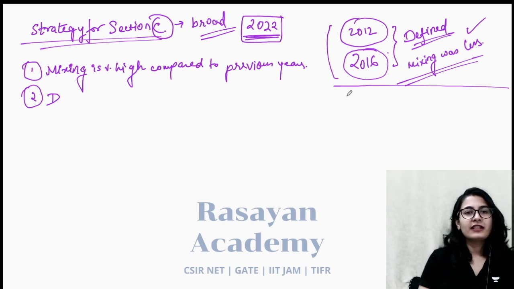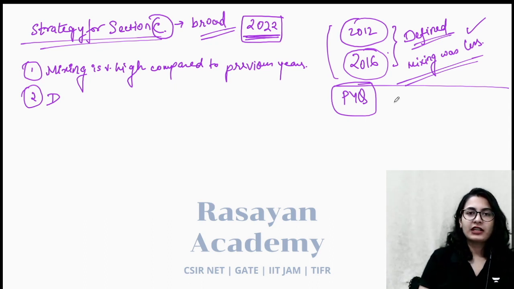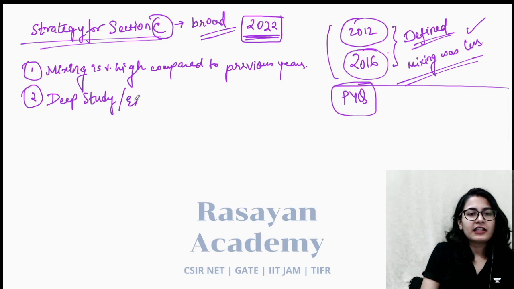Just buy the previous year question bank, nothing else. Don't buy a fat book for CSIR NET preparation, because the whole syllabus will be covered very briefly. You are not supposed to study in short. You have to do deep study. Deep and very explanatory study you have to do.